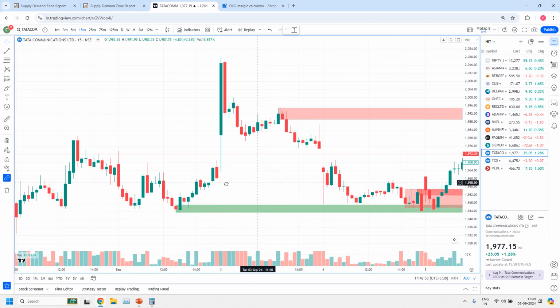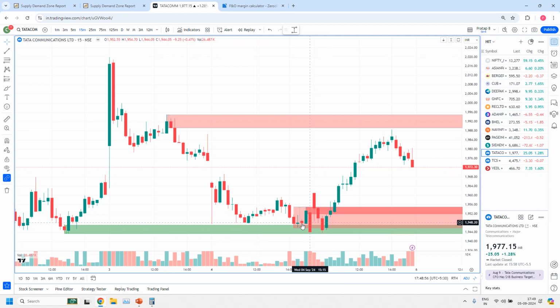So this 15-minute zone has become the trend change horizon, because the 15-minute zone is responsible for the violation of this entire 15-minute supply zone, and also this 15-minute zone changed the existing trend from downtrend to sideways. I repeat again, this 15-minute zone not only violated, this is the existing 15-minute zone.